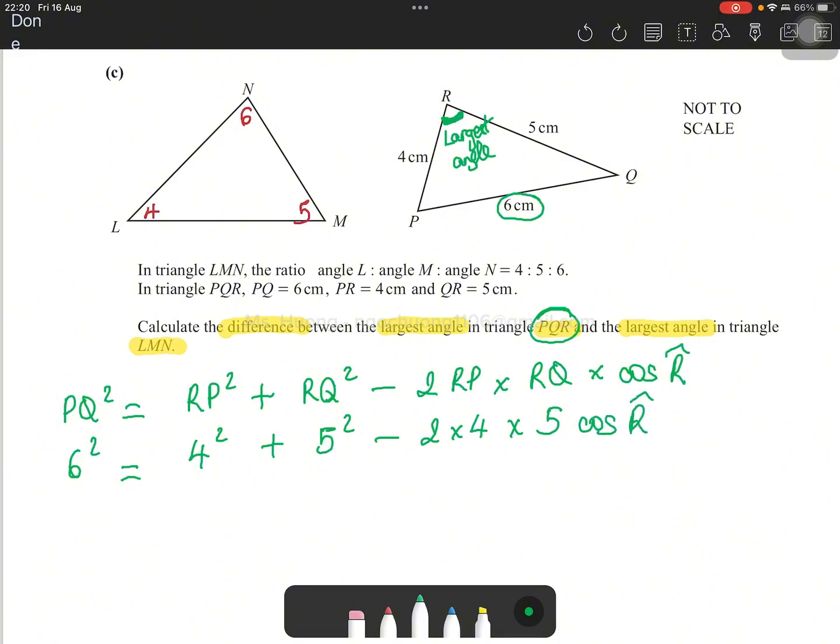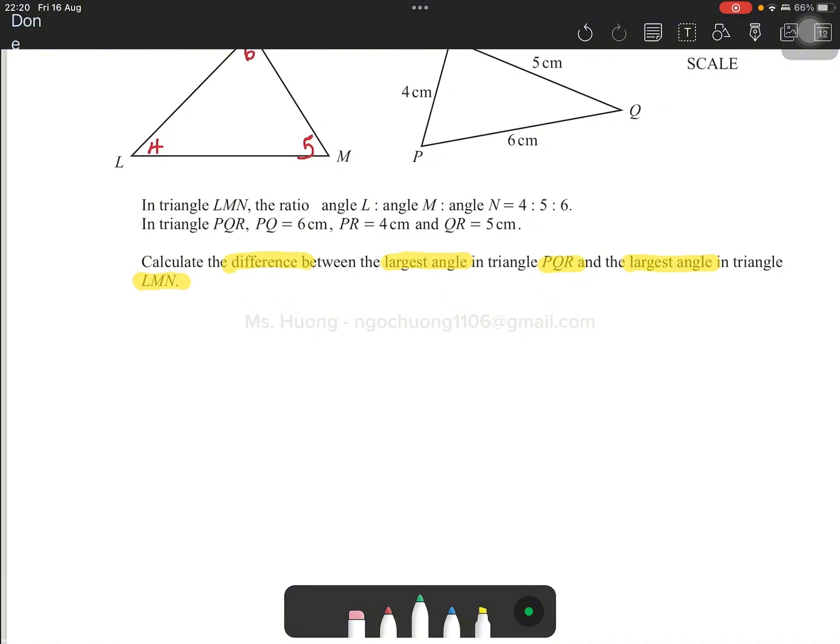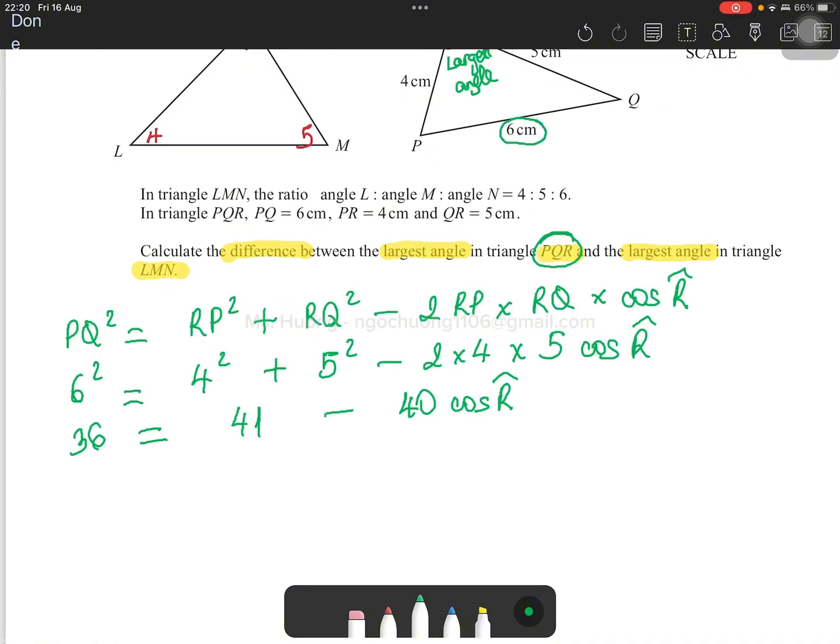So 6 squared is 36. 4 squared is 16, 16 plus 25 is 41, minus 2 times 4 is 8, 8 times 5 is 40, 40 cos R. So we can find negative 40 cos R by subtracting 41 from both sides.